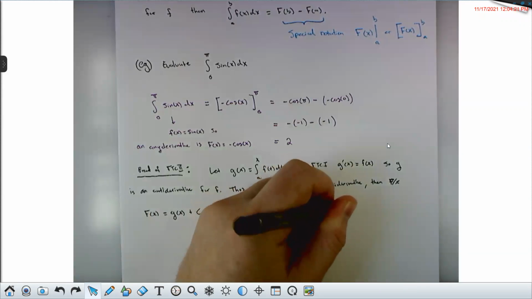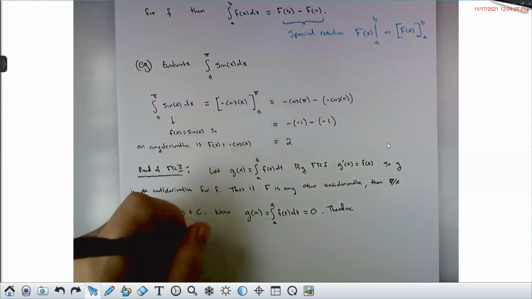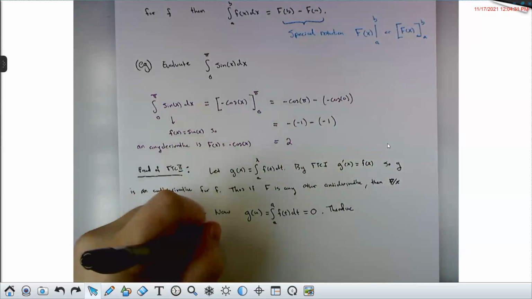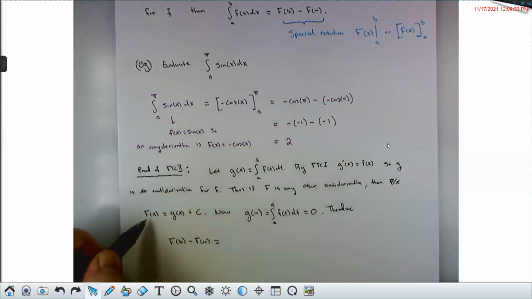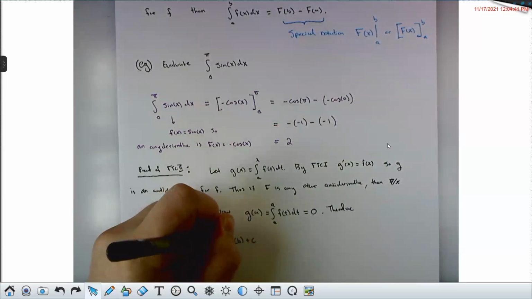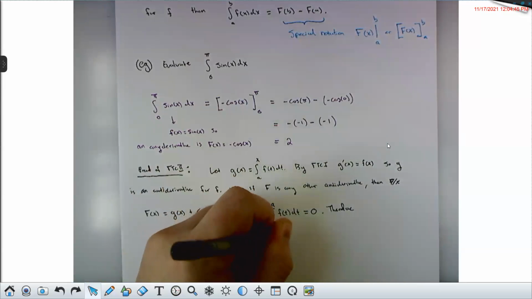Therefore, big F of b minus big F of a, because any antiderivative F has to be g of x plus c for some constant c. This would be g of b plus c minus g of a plus c.